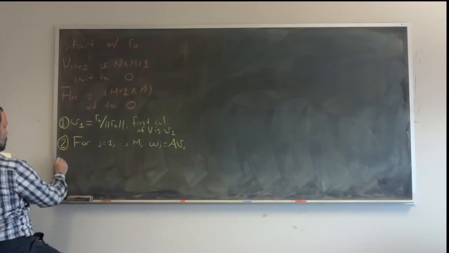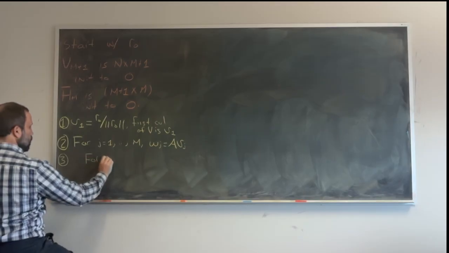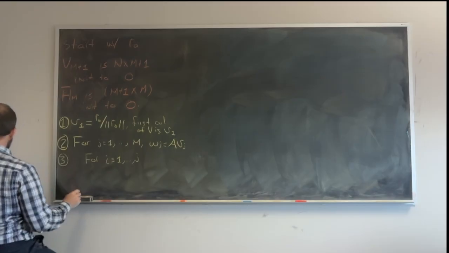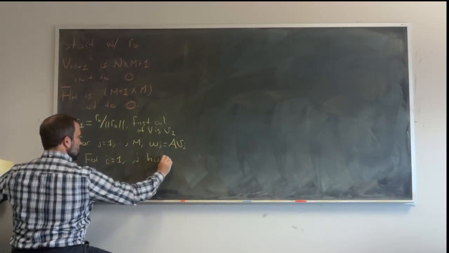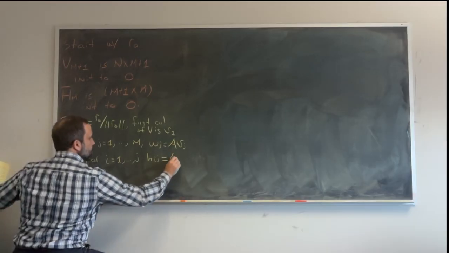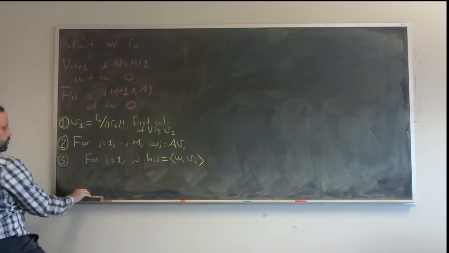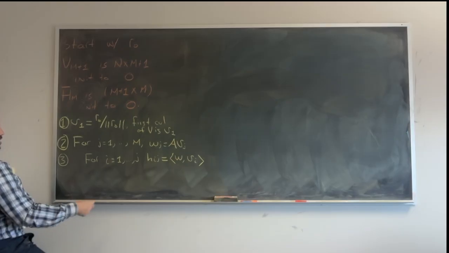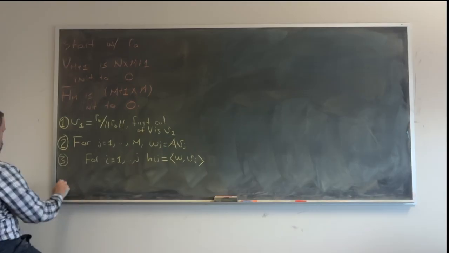And then we're going to have an inner loop for i equals 1 to j. We are going to form hij, which is going to be equal to the inner product of wj with vi. Again, this is a very similar step to the Gram-Schmidt process.